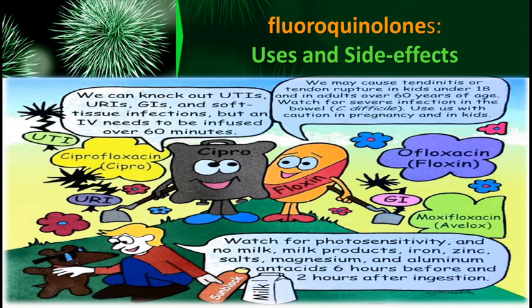Okay, as a nurse, we must be aware that there are some potential side effects. We have, for example, your tendinitis or tendon rupture. If you heard about tendinitis, it has something to do with your tendons. Actually, your tendons are one of the connective tissues in our body that connect muscle to bone.